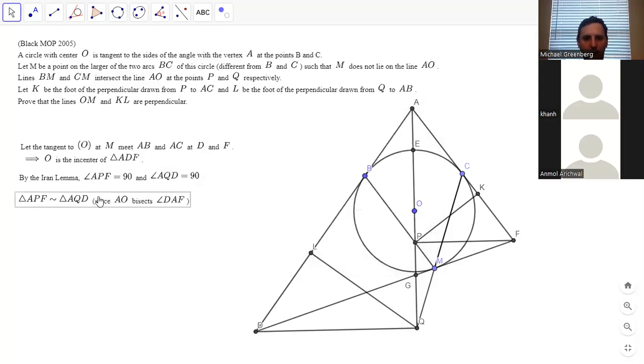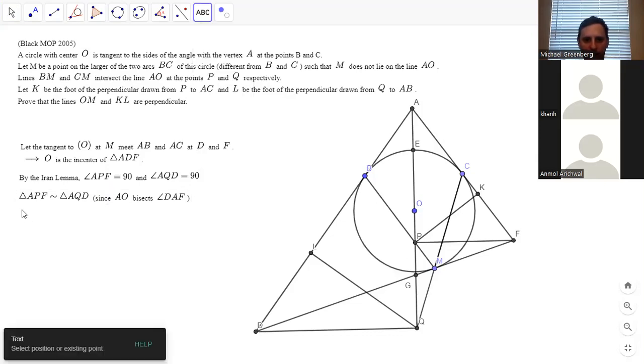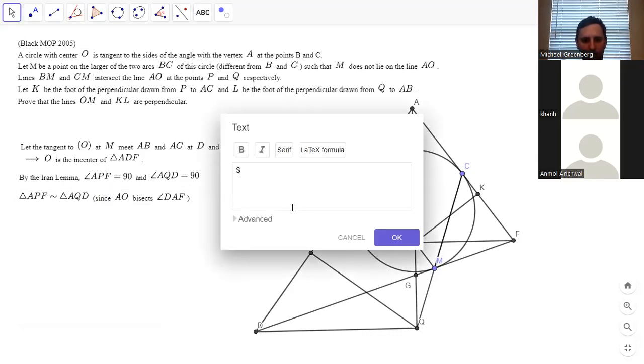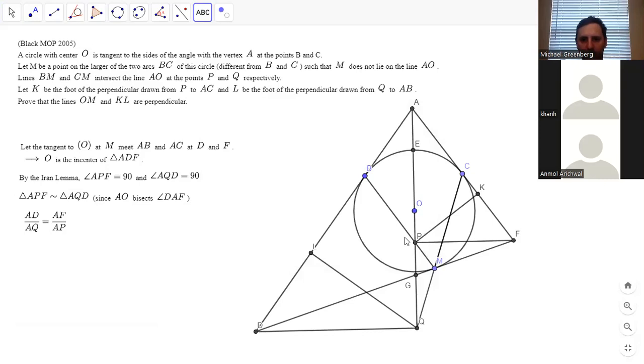And so here we could just use a bunch of ratios. AD over AQ is AF over AP. And then we also have, what was the other ratio I had?